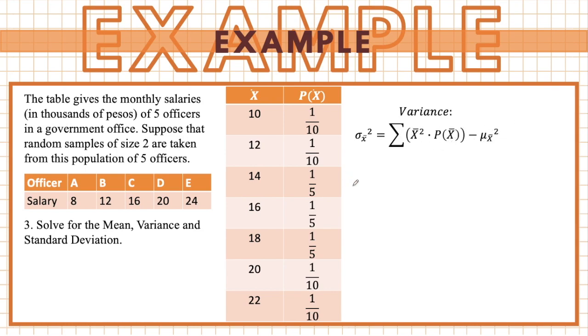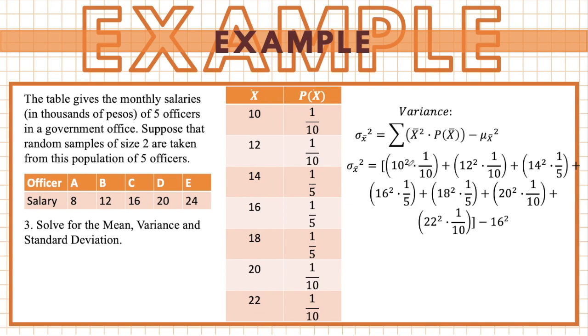So that will be 10 squared times 1 over 10 plus 12 squared times 1 over 10 plus 14 squared times 1 over 5 plus 16 squared times 1 over 5 plus 18 squared times 1 over 5 plus 20 squared times 1 over 10 plus 22 squared times 1 over 10. And then we subtract 16 squared to the sum of these products.